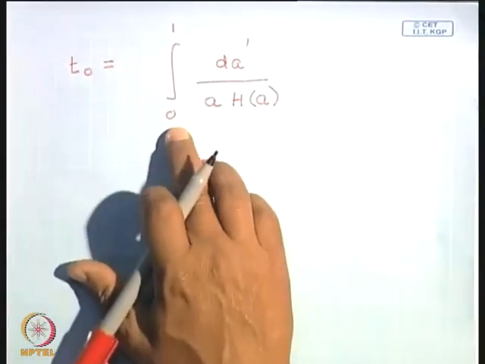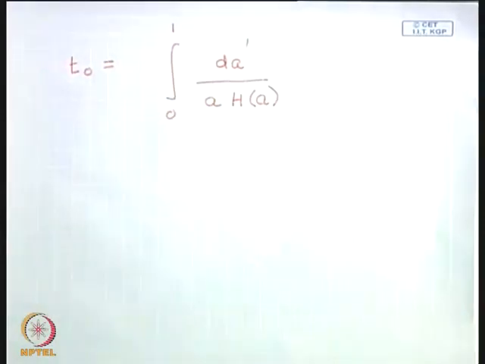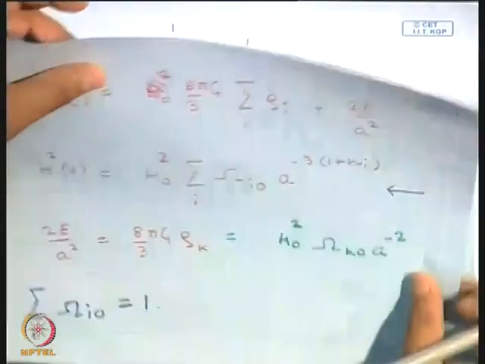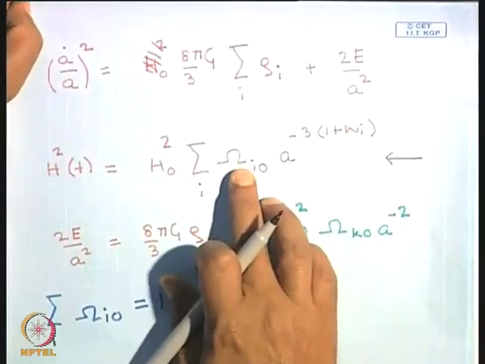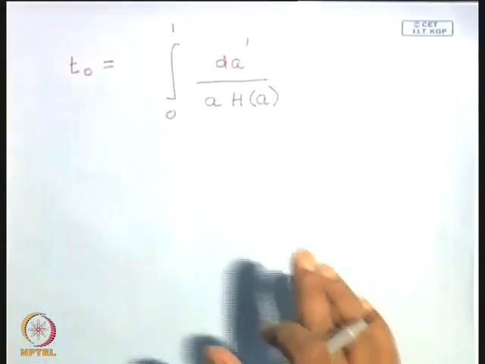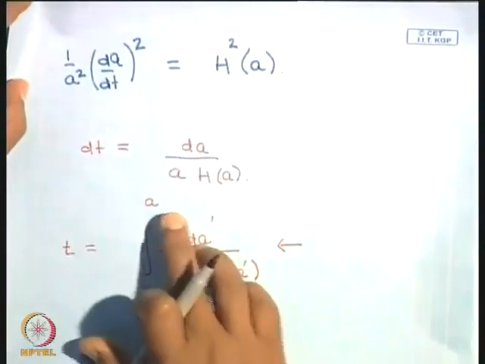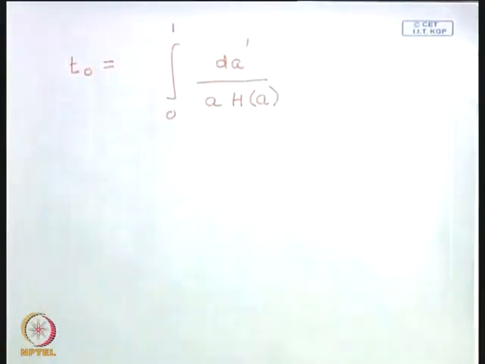You have to just do this integral from 0 to 1. So if in your model you know all the different density constituents, what are their contribution at present, you can determine everything about the model. Not only can you determine the expansion history of the universe, how a behaves as a function of time, you can also determine the present age of the universe.